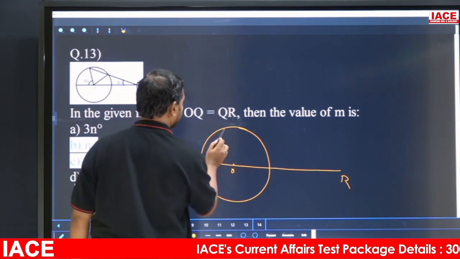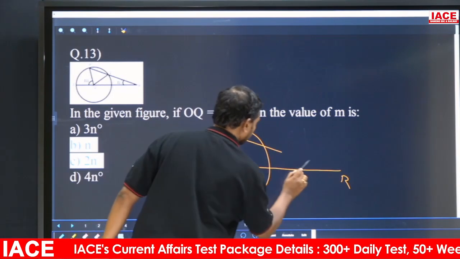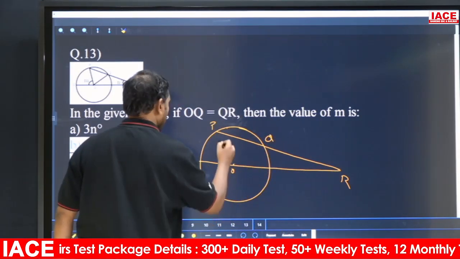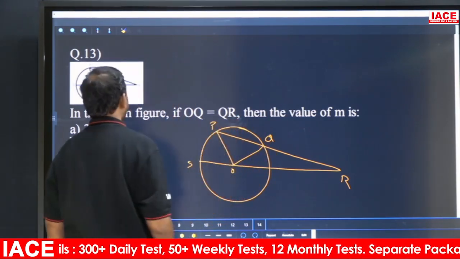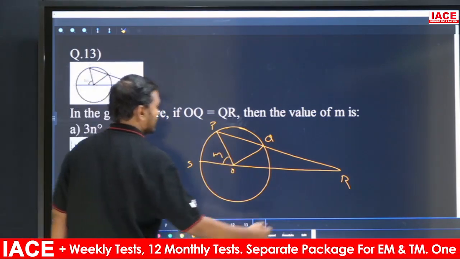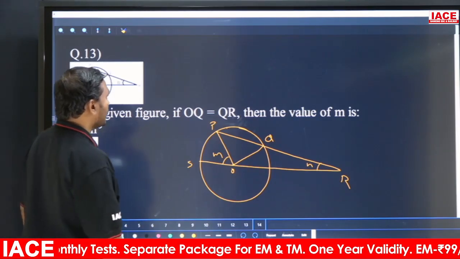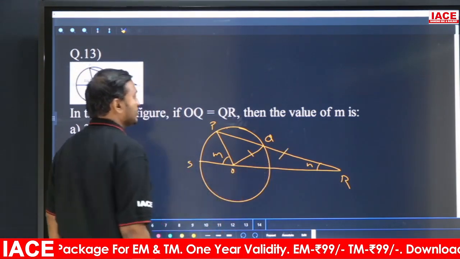And here, this is P, Q. So OP, OQ, right? Now what is given? This is M and this is N. Then OQ equal to QR. These two are equal.